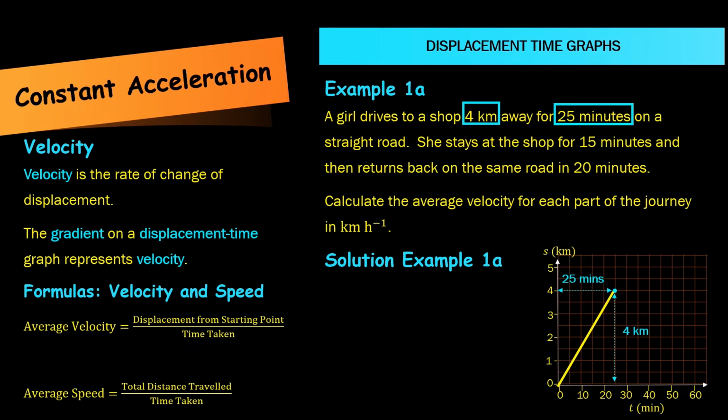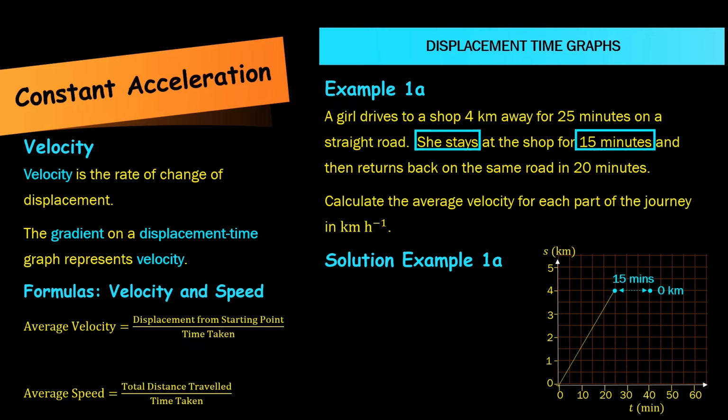Now for the second part of her journey. She stays at the shop, so she travels 0 kilometers for 15 minutes. So here's the second part of her journey, indicated by a straight line on the graph. And now for the final part of her journey.